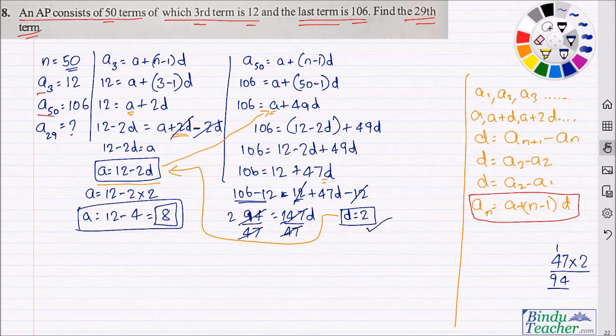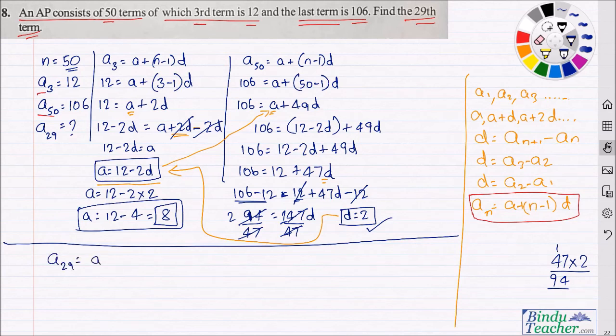Now let's write the formula for A of 29, which is what we want to find out. So A of 29 equals A plus n minus 1 into D. A of 29 equals, the value of A we have found out as 8, plus the value of n here is 29 minus 1, into 2.